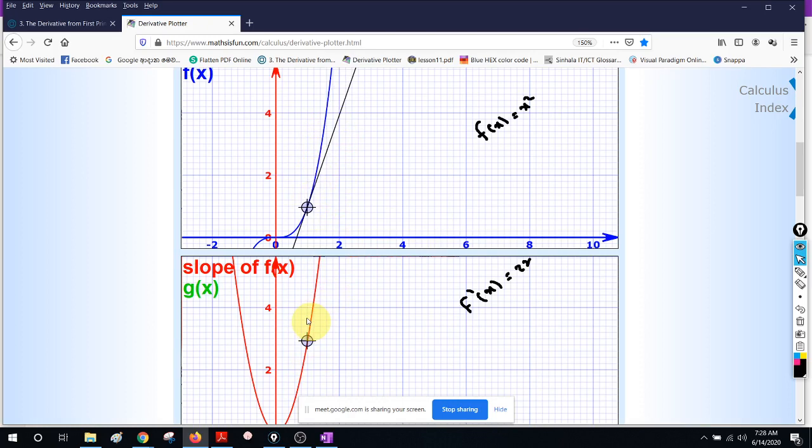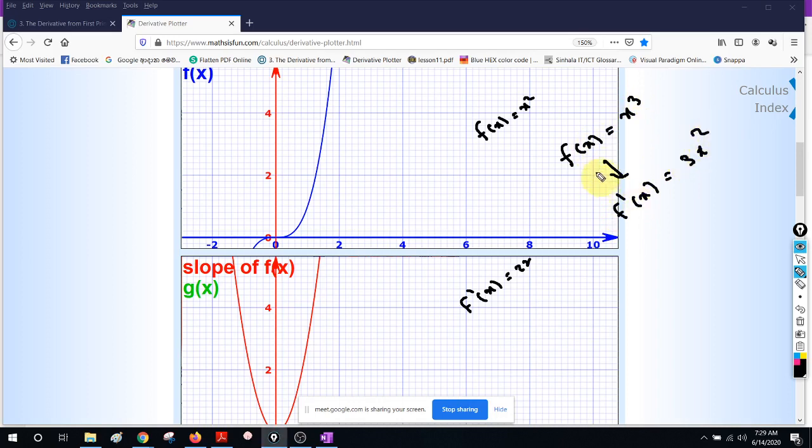I will give another example. When f(x) is x cube, you will later find that f'(x) is 3x squared. Now if I want to find the tangent at x equal 2, don't substitute into the original function, which gives the y value.